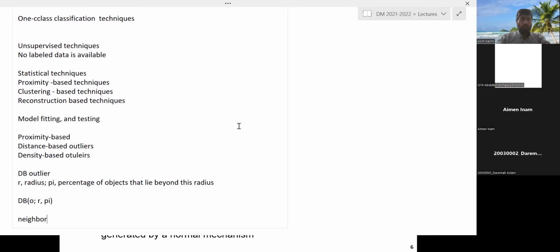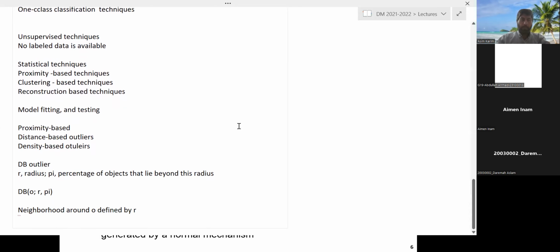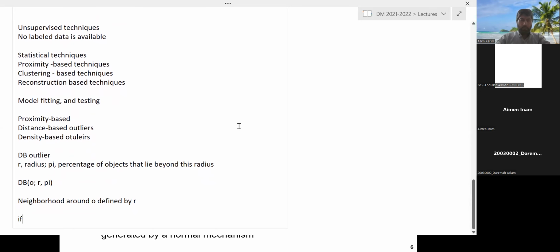So neighborhood of O defined by R. Okay. So some points may fall within this neighborhood R, and the rest would be outside this neighborhood defined around O. So let's say n is the total number of objects in the data set.